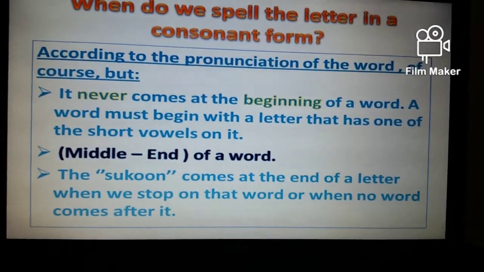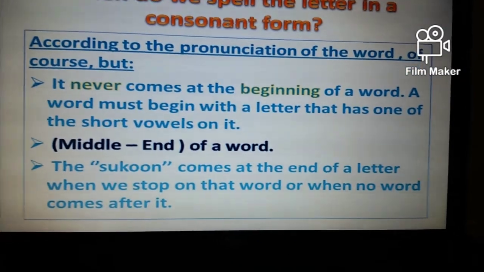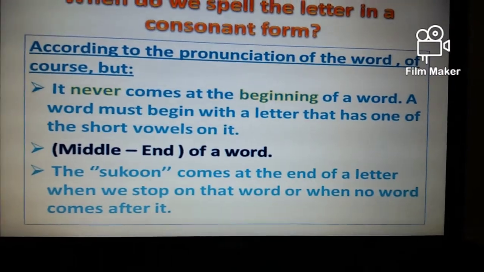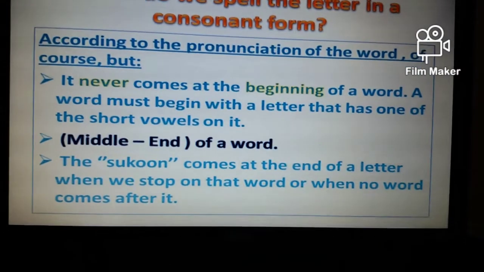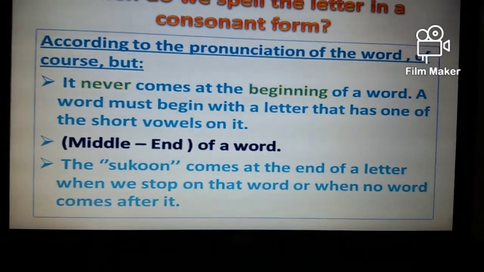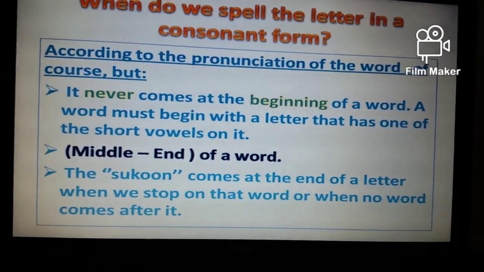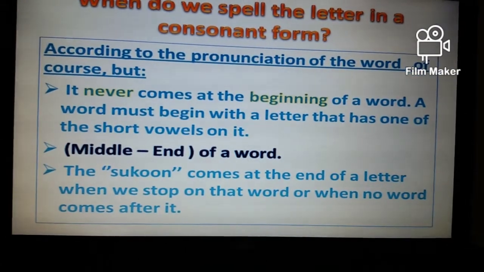It comes in the middle or at the end of a word, and it usually comes at the end of the word when we stop on the word, meaning that we won't say anything after that word, or when no word comes after it, okay?